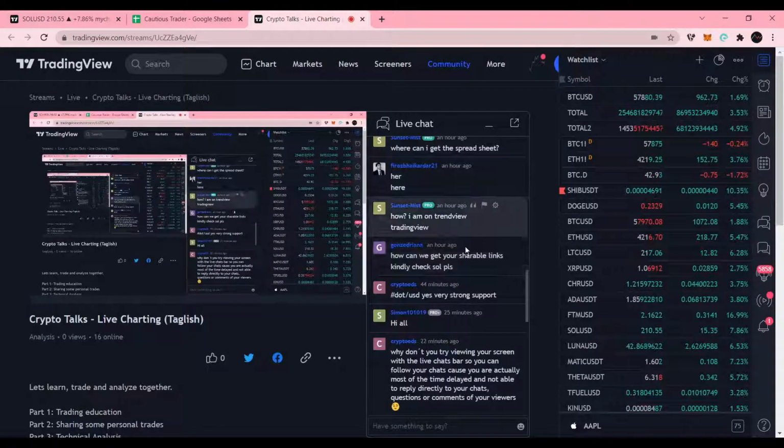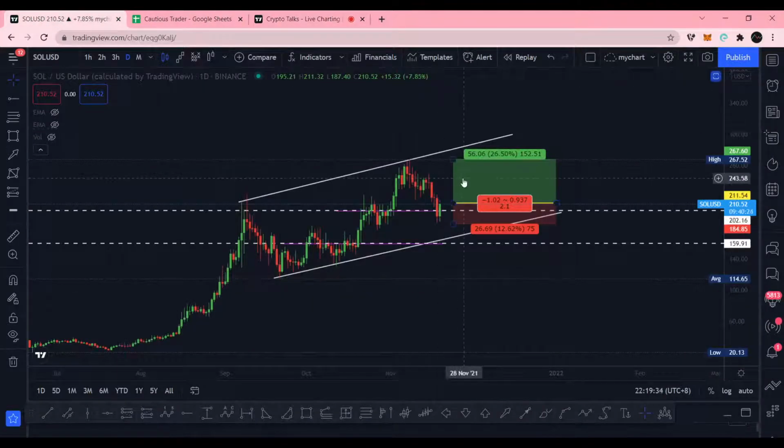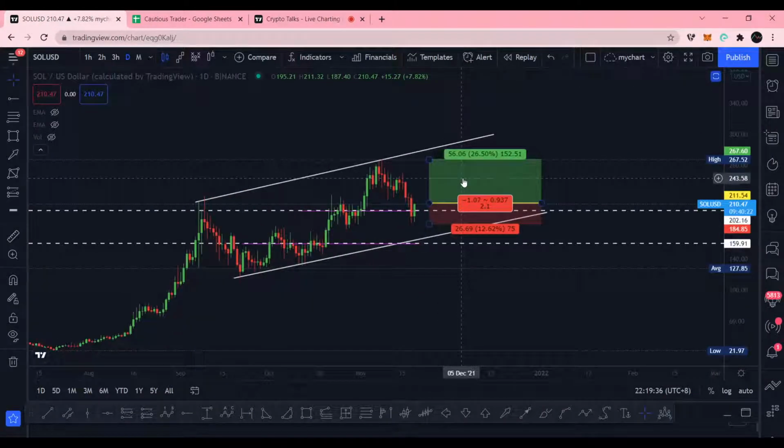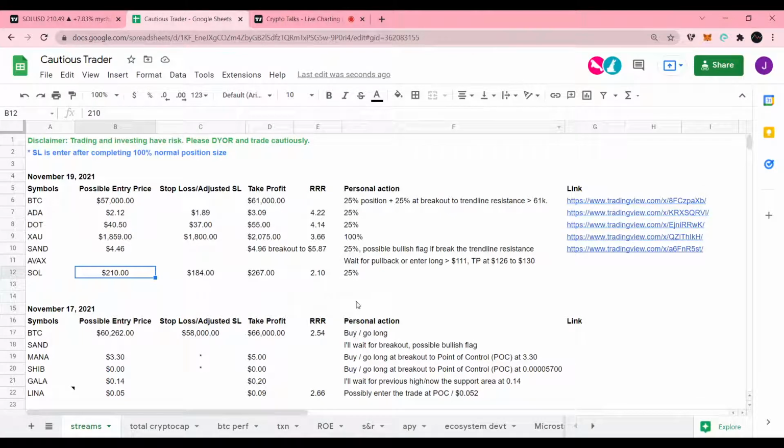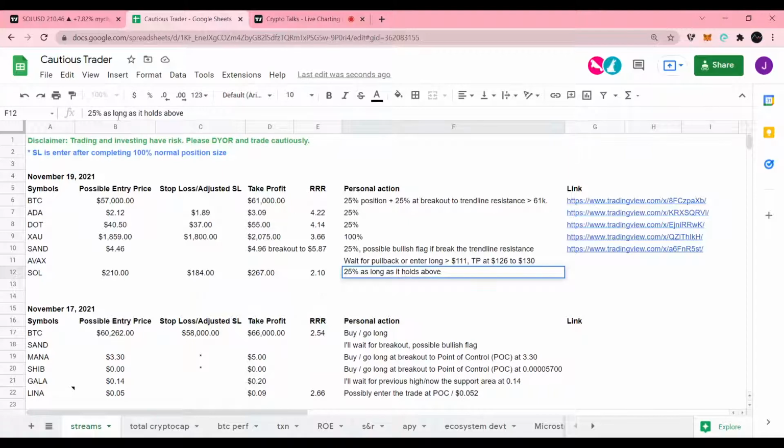If ever I'm gonna trade this Solana, diba? So 25% as long as it holds above yung point of control natin na first, which is 202. 202.